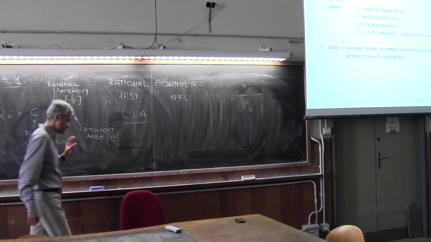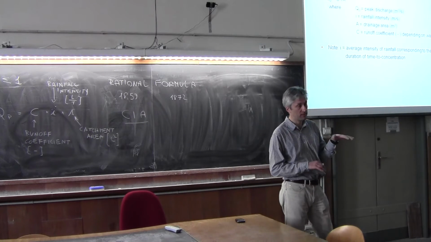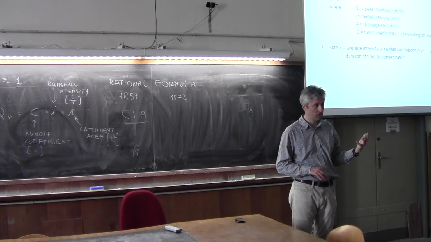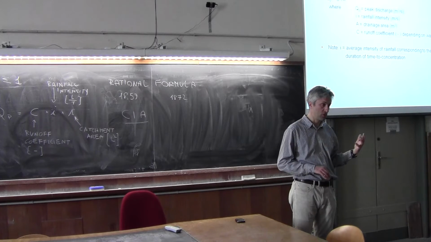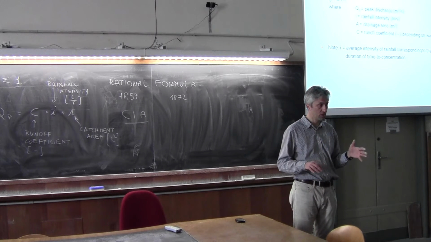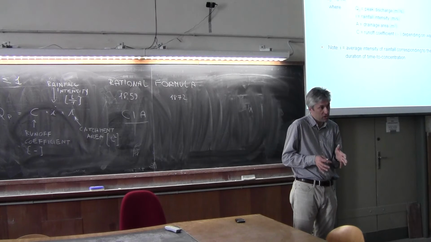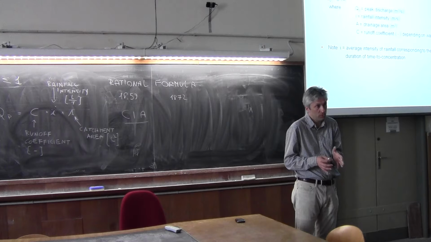And this can be explained because usually flood occurs when the catchment is very wet, so you don't have infiltration. The catchment is close to saturation, you don't have infiltration. And also the flood occurs when you have a very heavy rainfall, which is also hitting the catchment as a whole. Because if the rainfall was hitting just a small part of the catchment, you wouldn't have the flood.